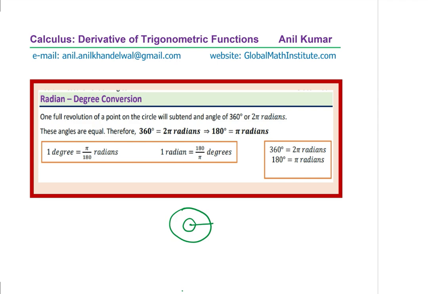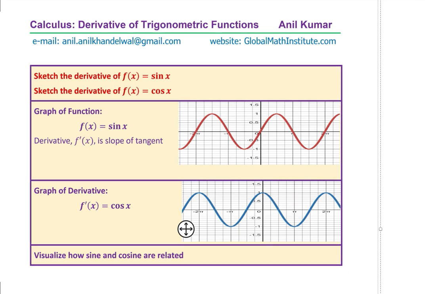So the total angle when you measure is what? This angle is 360 degrees and is also equal to 2 pi. And that gives you the relation that 180 degrees is equal to pi, and that helps you to convert degrees to radians. Handy and useful.